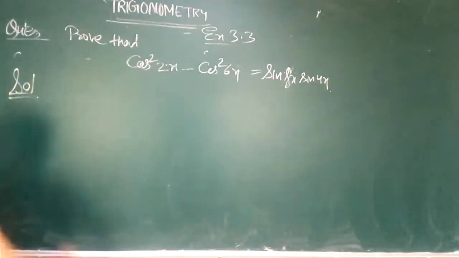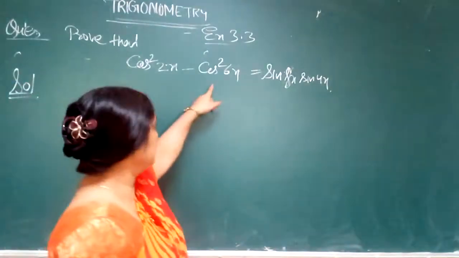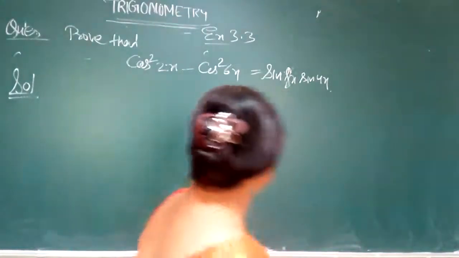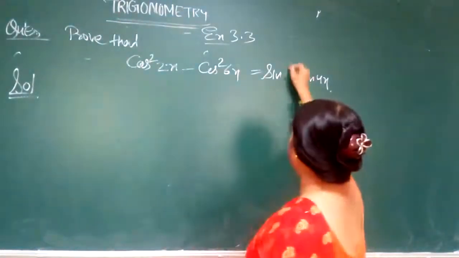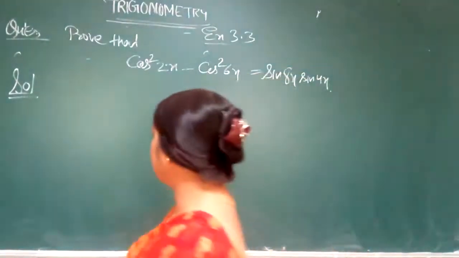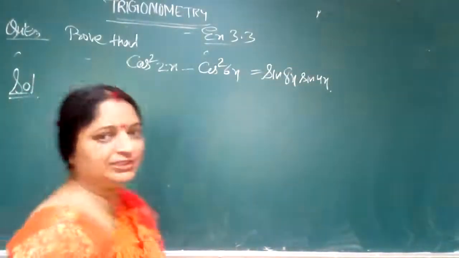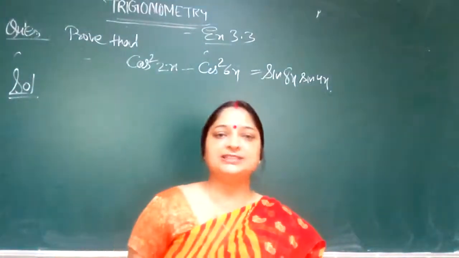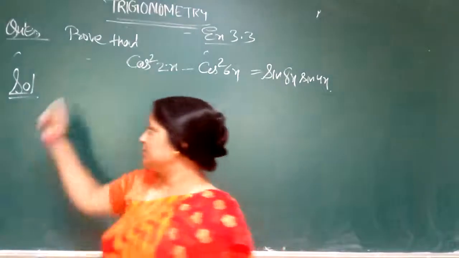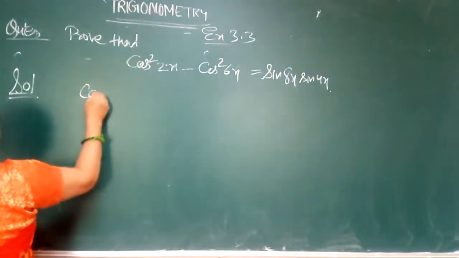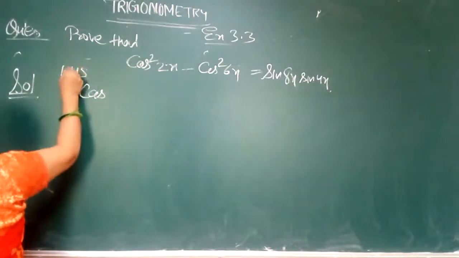We have to prove this cos square 2x minus cos square 6x in the form of sin 8x and sin 4x. So we can change cos in the form of sin. How can you change? You know the identity, cos square x plus sin square x is equal to 1. So that identity we will use here. So in left hand side, what is given?